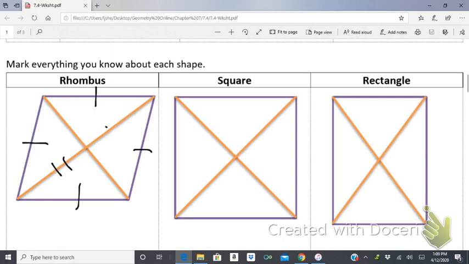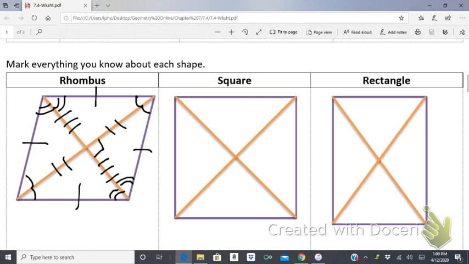All of these things are parallelograms, which means they also have the qualities of a parallelogram. Okay? I know that diagonals are perpendicular, and I know that these angles up here are congruent to these angles, and these angles here are congruent to these angles here. That's what I know about a rhombus.